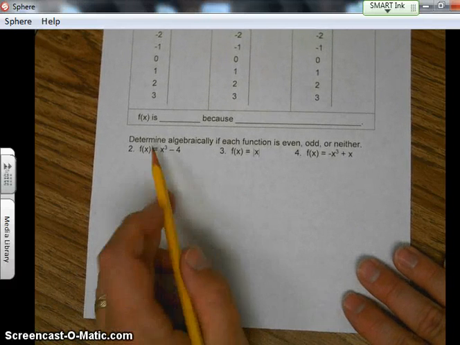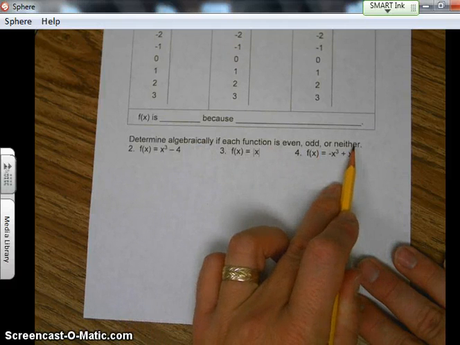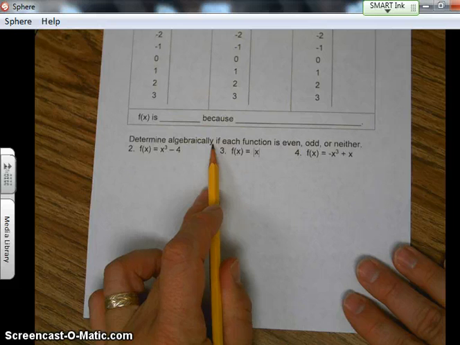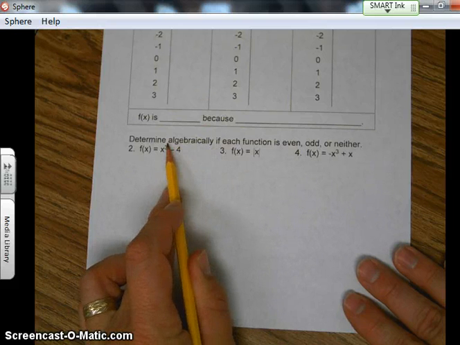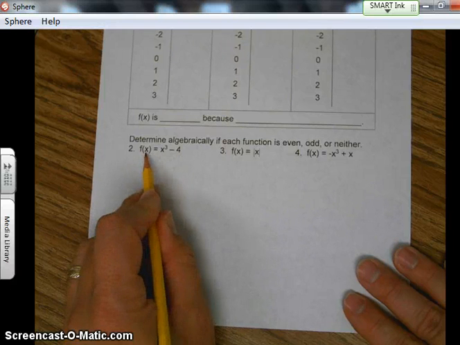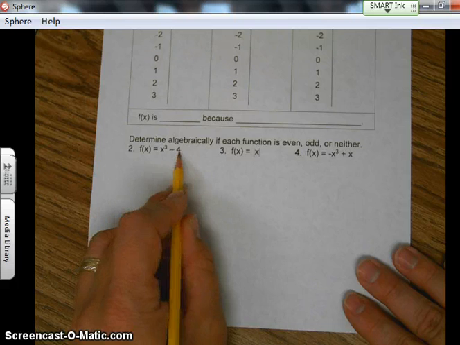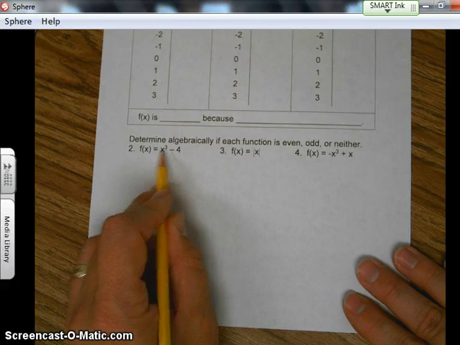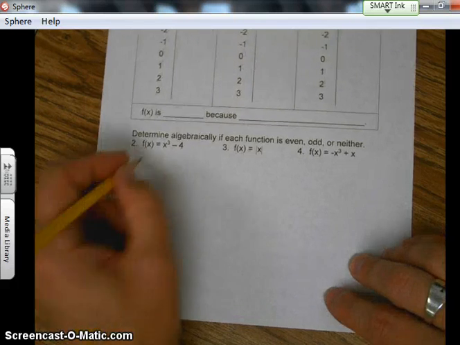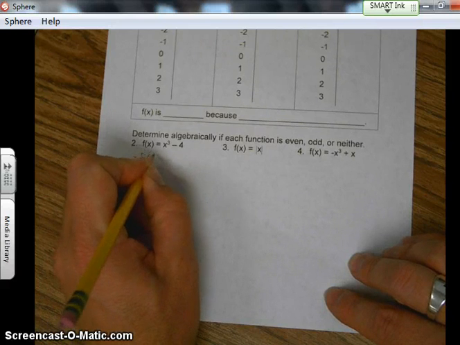But we want to determine algebraically if each function is even, odd, or neither. So we have a function. It's a cubic function, and it's been translated 4 units down. The first thing you want to do is find the negative of that function.